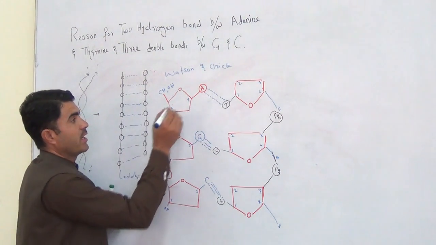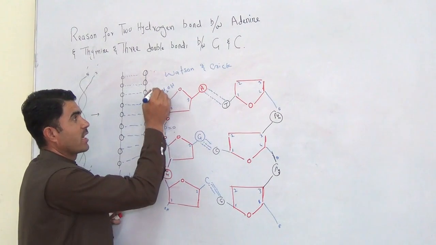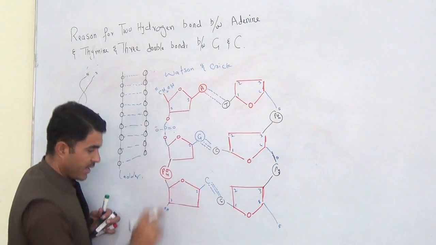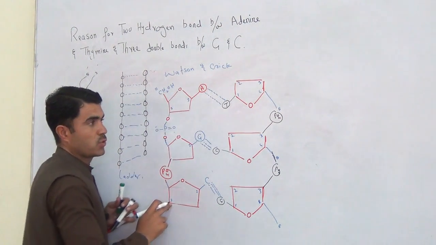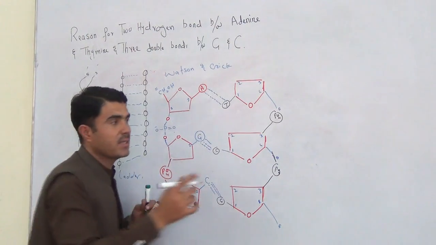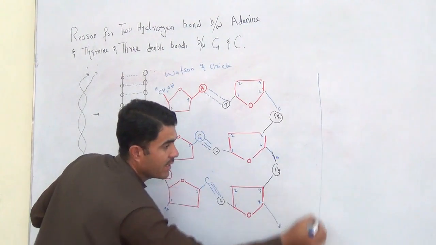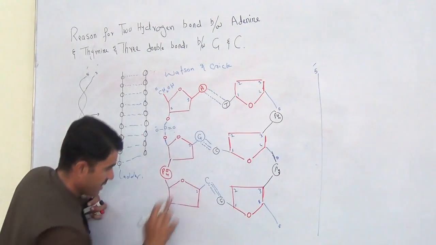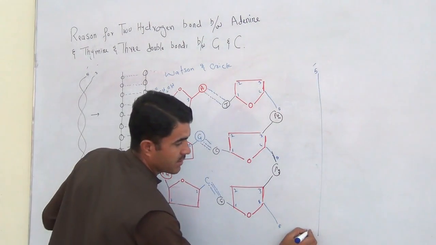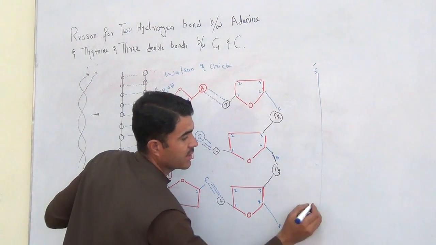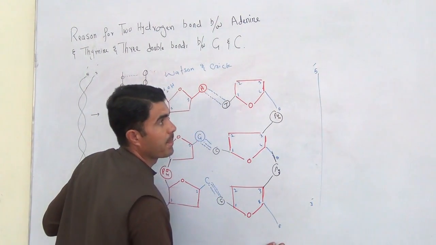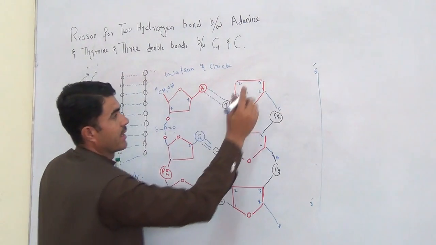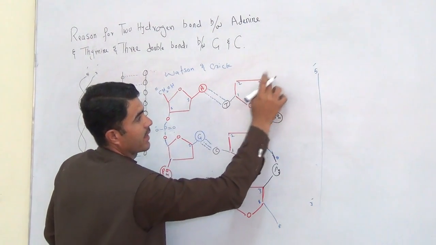One thing more, if it is 1, 2, 3, 4, this is carbon number 5, and at the end you can see this is carbon number 3. So whenever we write the DNA in simple form, we just write one line here. If it is 5, here we write 5 prime, and at the end of this we have 3 carbon and we write 3 prime. Right? And the second one, look at that. Here is the third carbon, right?